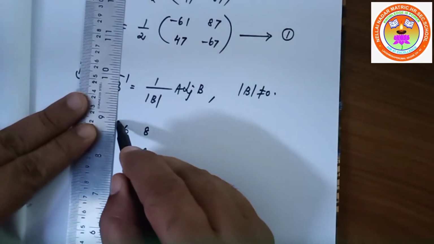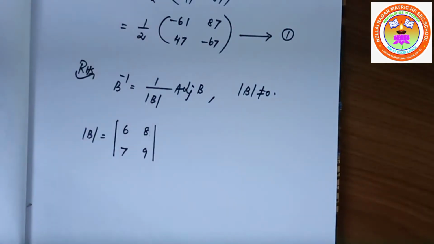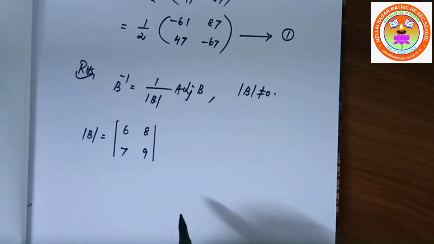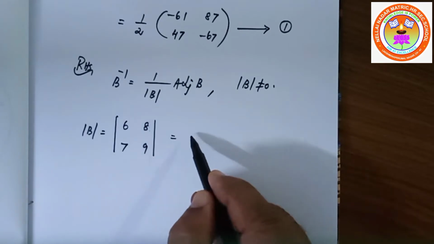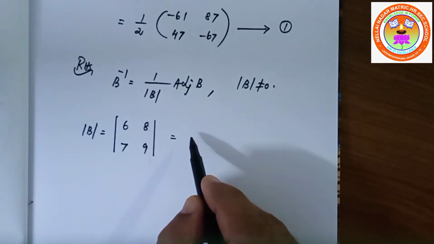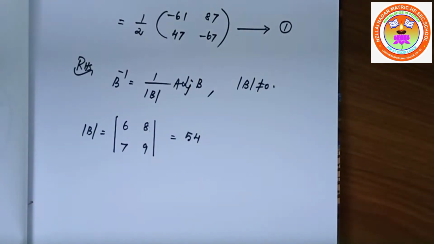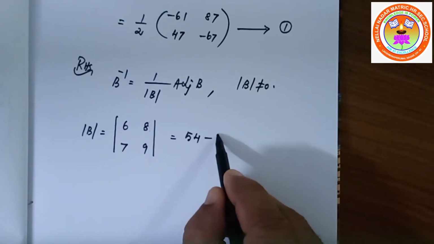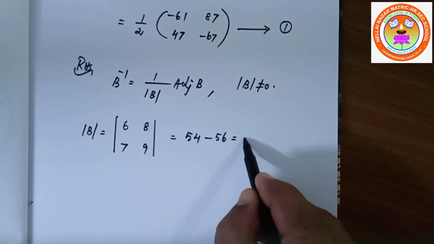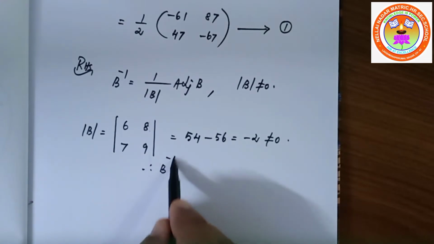Write the elements inside the two vertical lines that represents determinant. Now you can expand the determinant. You know how to expand, multiply these two. 6 9s are 54, and 7 8s are 56, becomes minus 56. Together minus 2, which is not equal to 0. Therefore, B inverse exists.